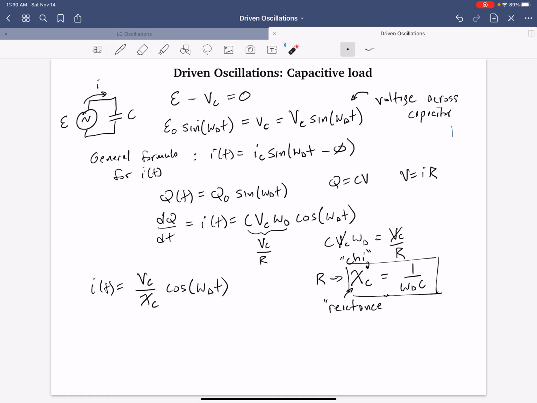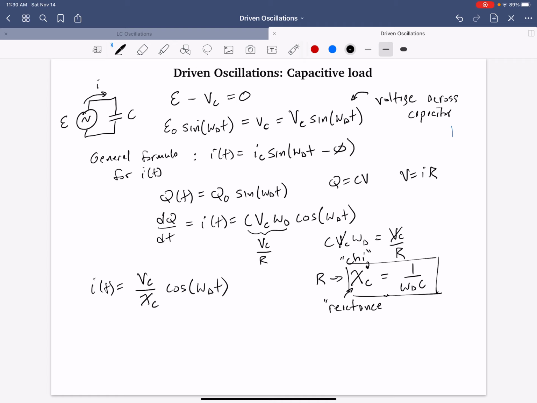Well, that means we need to get them both in terms of sine or both in terms of cosine. I'm going to get them both in terms of sine. So that means I need to turn this cosine into a sine. How do we do that?